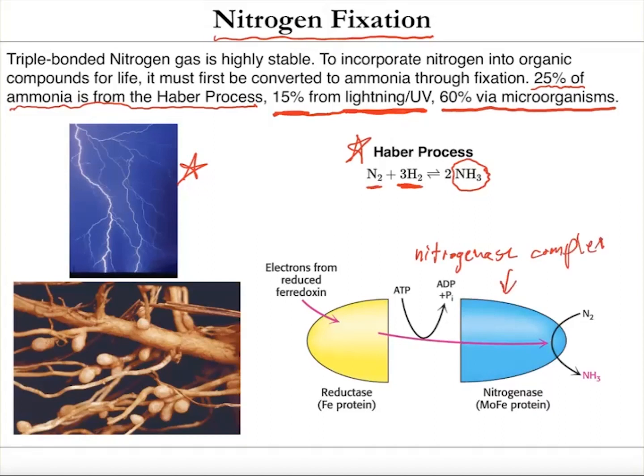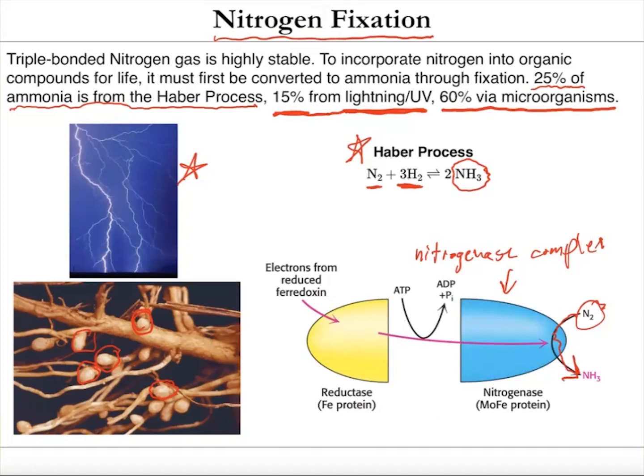And so these microorganisms are associated with the roots of different plants that are able to fix nitrogen and basically take N2 and, through this enzymatic process, convert it into ammonia. So I'm actually from Ohio, and most of the farm fields in Ohio primarily want to make corn, but you can't just keep making corn because it depletes the nitrogen from the soil. So one season they'll grow corn, and then the next season it'll lay fallow or something, and then the third season or the second season you will plant soybeans.